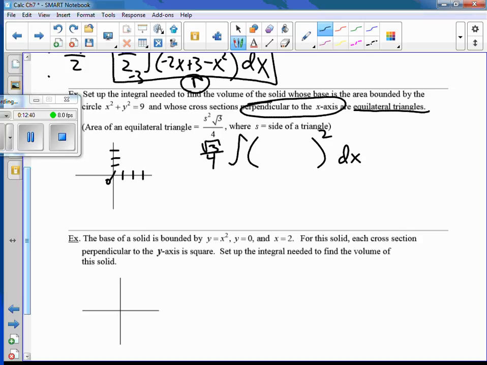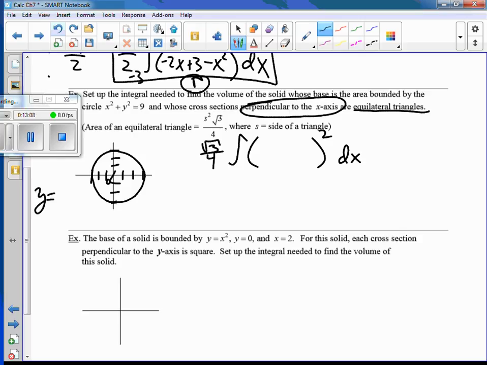Let's go ahead and fill that in. My circle's not exactly perfect, so let's try it again. There you go, there's a circle. Now, there is one slight tricky thing about this. We need an equation that's in terms of x, so we need y equals something.